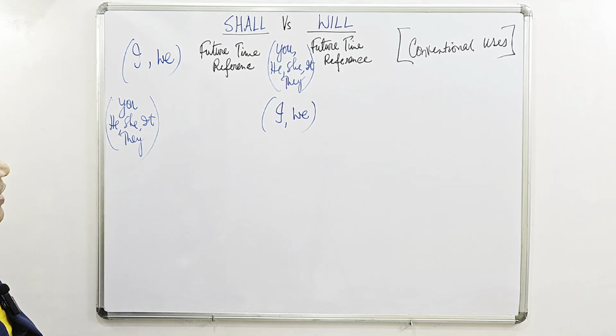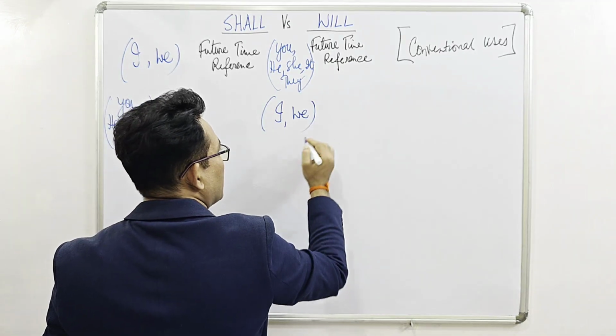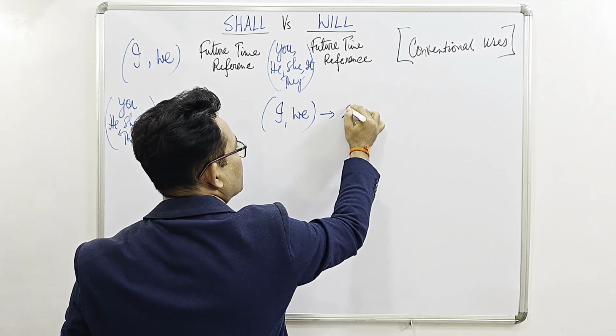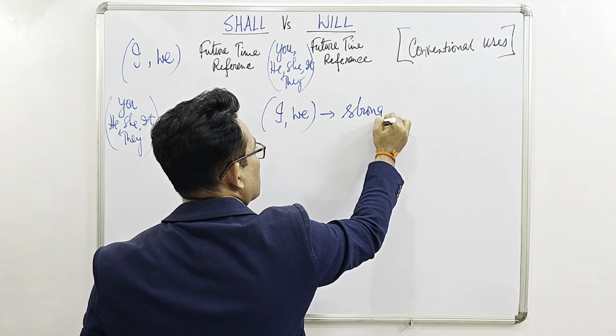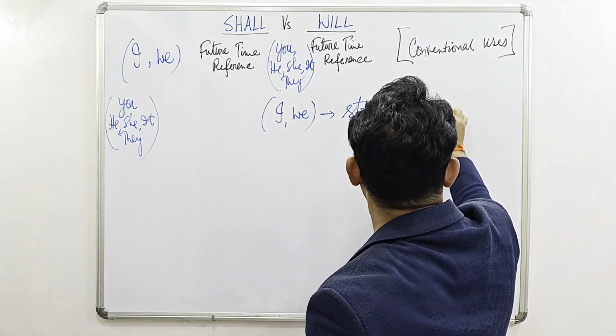So now the rule is that after I and we, if we use will, there will be a sort of strong desire or intention.